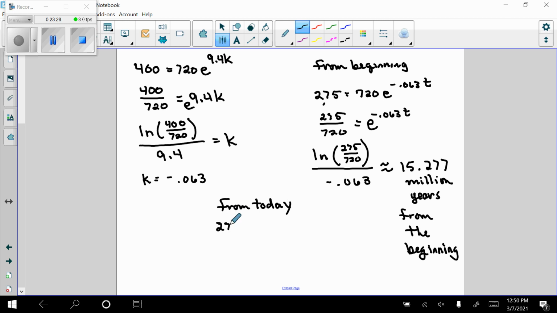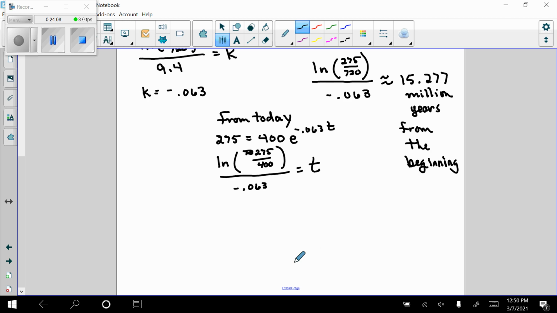So you would have had 275 equals 400 E to the negative 0.063 T. If you just look at the process, everything's going to be the same, except instead of over 720, it's going to be over 400. 275 divided by negative 0.063.